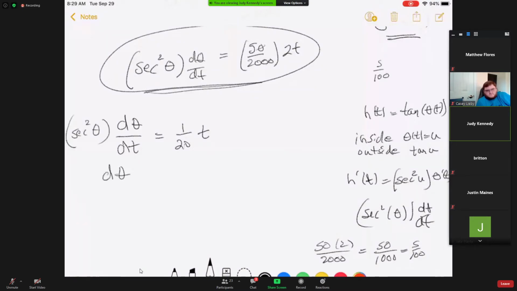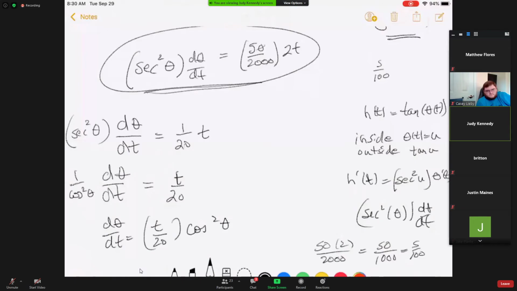D theta dt then is, okay, secant squared is 1 over the cosine squared. So d theta dt is t over 20 times the cosine squared of theta.